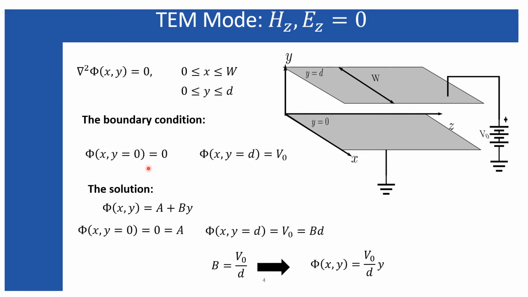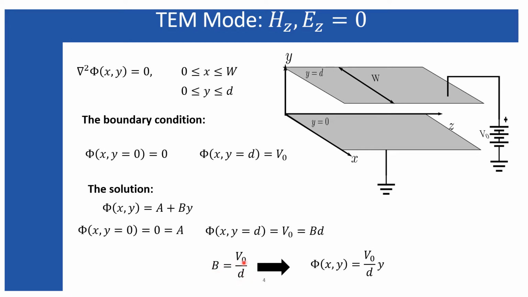According to the first boundary condition, the potential is 0 at y equals 0, which defines the constant a as 0. Next, the second boundary condition, V naught at y equals d, defines the constant b, which is equal to V naught divided by d.